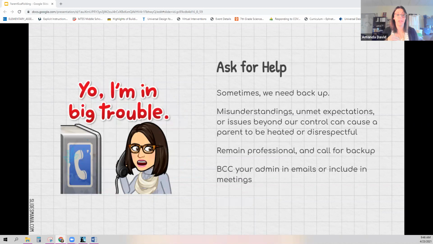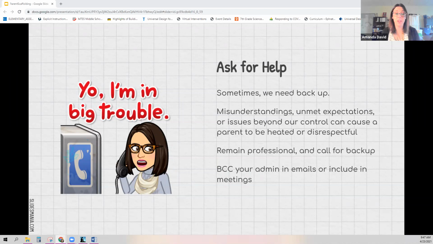Asking for help. Sometimes we need backup, and that's okay. Misunderstandings, unmet expectations, or issues that are just beyond your control can cause a parent to be heated or disrespectful, or agitated. It is not your job to primarily take the brunt of that force.